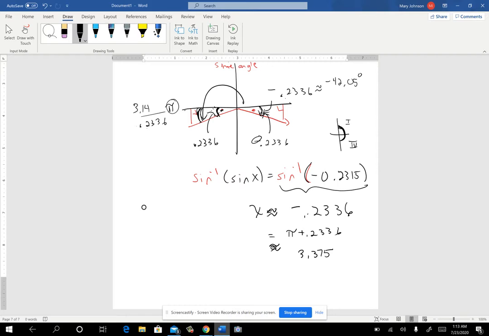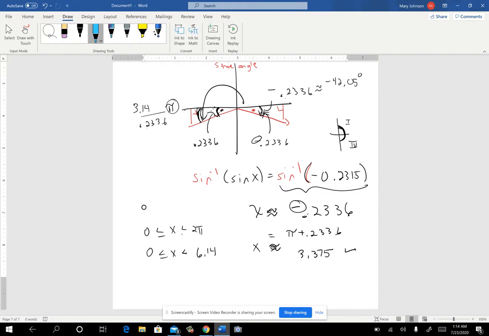I've got to think about whether I've reported things the way I'm supposed to. If they want the angle between 0 and 2 pi, that means it's between 0 and about 6.28. Then this one is good, but I can't leave the other as a negative 0.2336. So I need a way to report that in a positive manner.